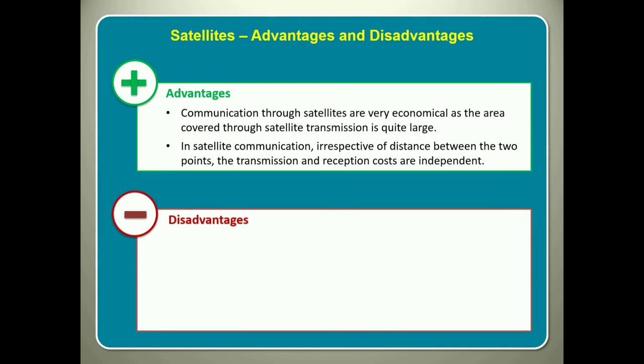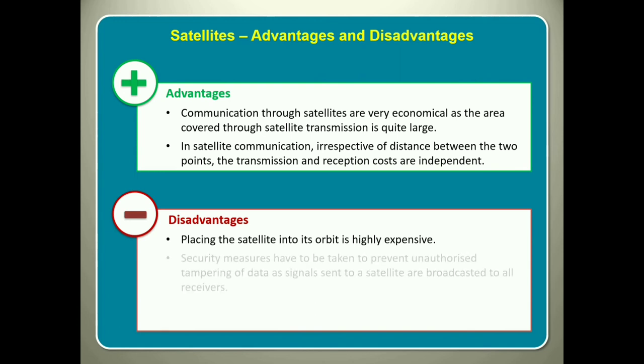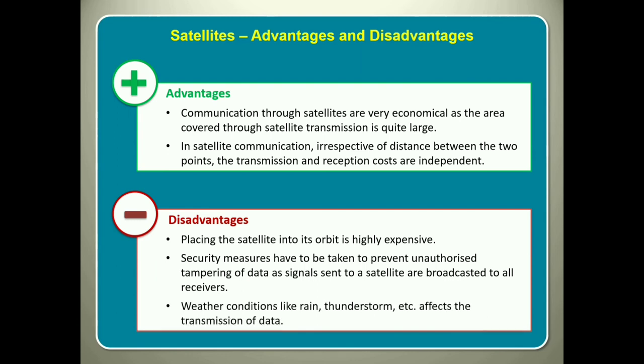Disadvantages of satellites are: placing the satellite into its orbit is highly expensive. Security measures have to be taken to prevent unauthorized tampering of data, as signals sent to a satellite are broadcasted to all receivers. Weather conditions like rain, thunderstorm, etc. affect the transmission of data.